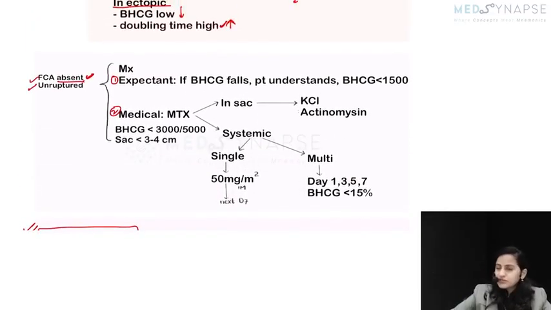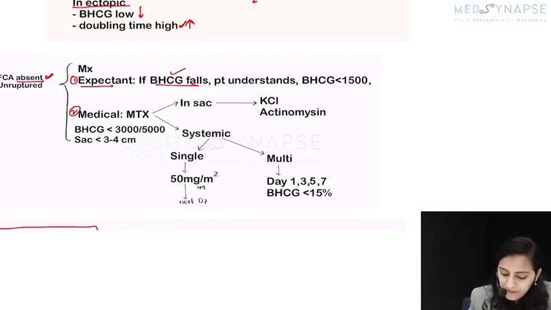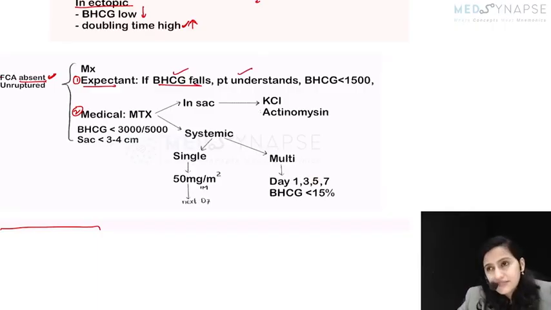So unruptured, either you can do expectant, as in let's watch, or medical. Expectant management, you will do when the beta HCG is falling automatically on its own. The patient understands the risk and the beta HCG is less than 1500.